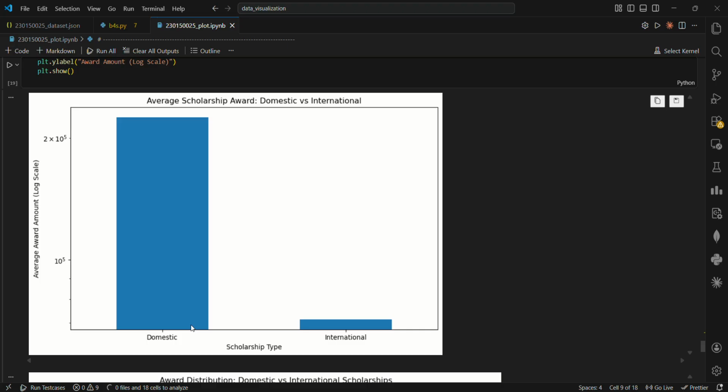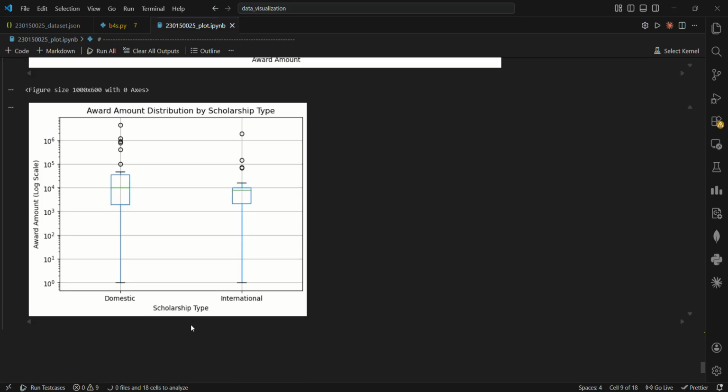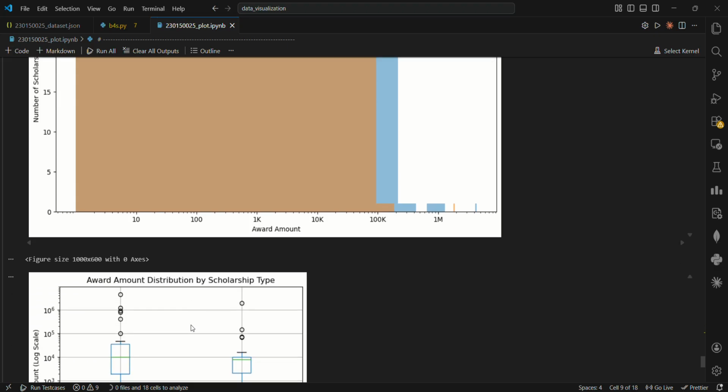Domestic scholarships had an average of almost 2 lakh INR, whereas international awards were 2. This is the histogram plot and this is the box plot.